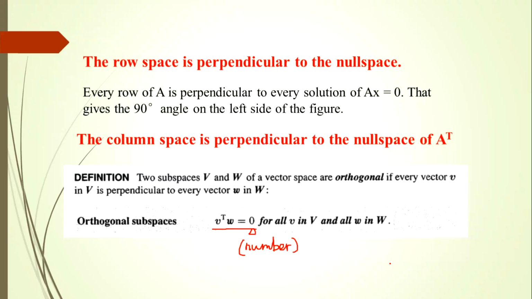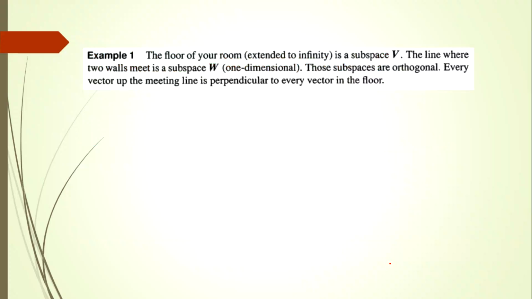So orthogonal subspaces means the subspace V is perpendicular to W. They are the same thing, right? They are different terms, but it's the same meaning. Perpendicular to each other, or orthogonal to each other. They are orthogonal subspaces. Now let's check some examples then.